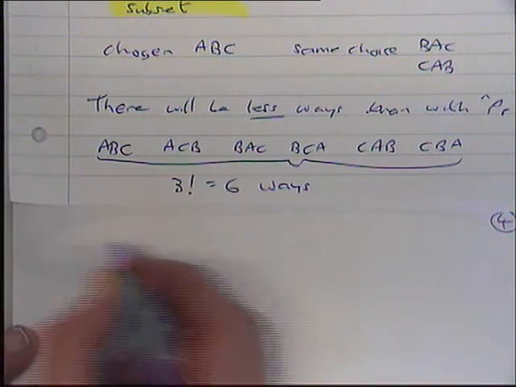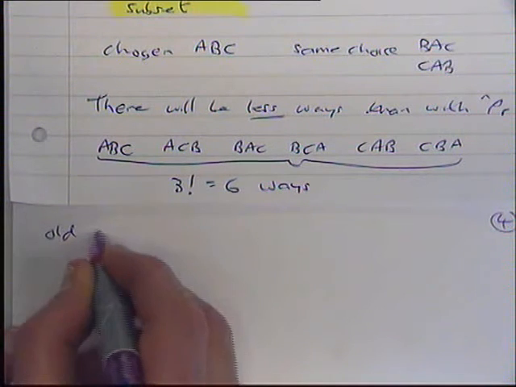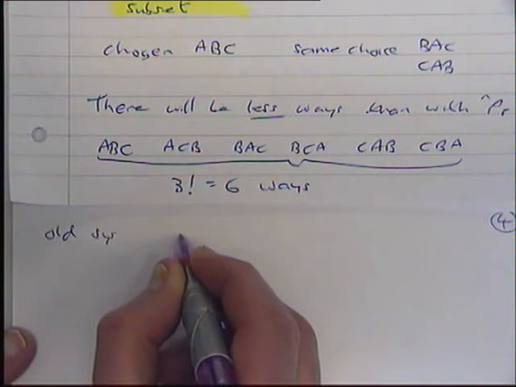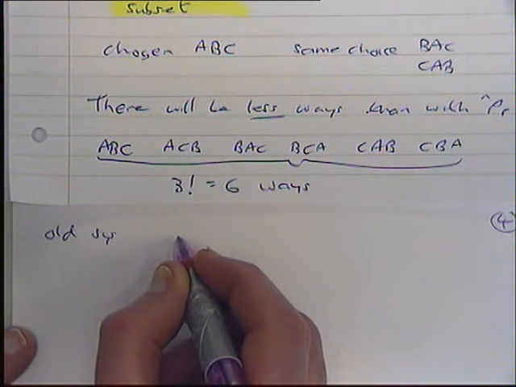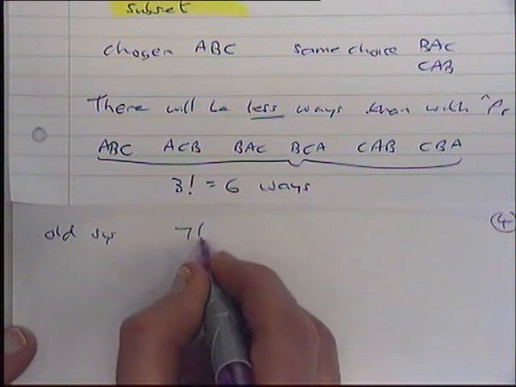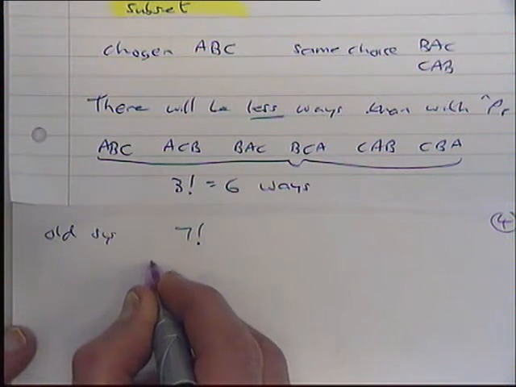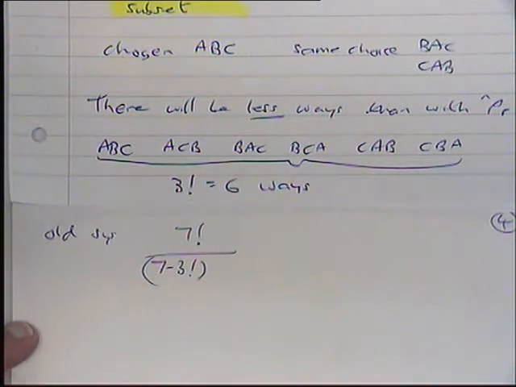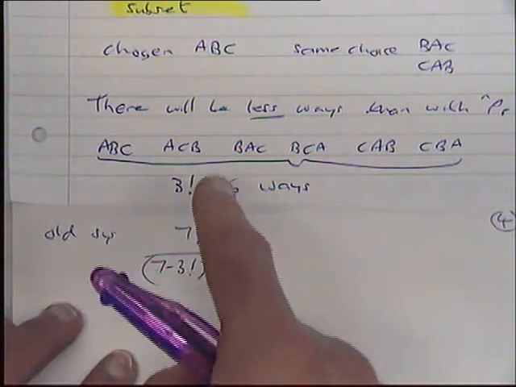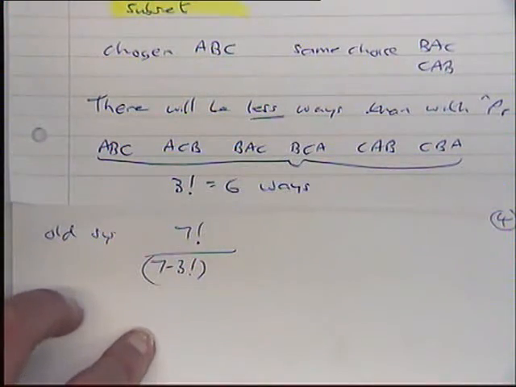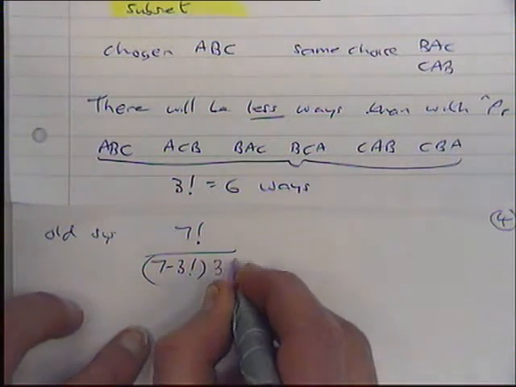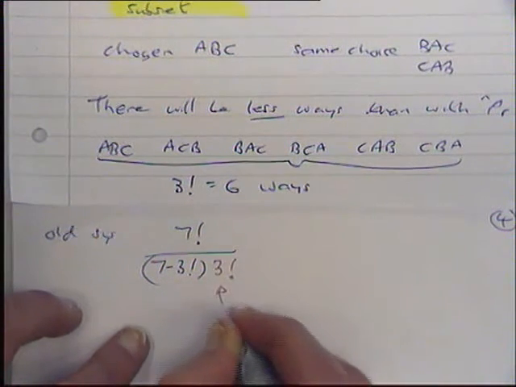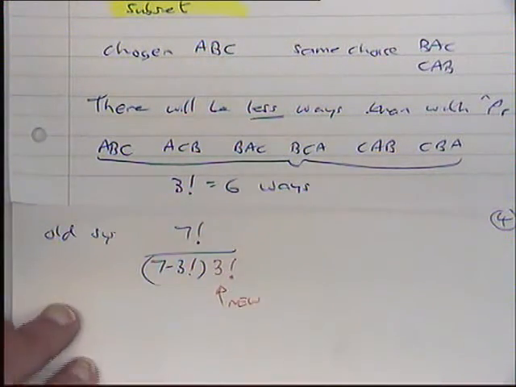So if we had used the old system of permutations, we would have said, how many people are there altogether? 7. Previously, we would have said 7 and then 7 take away 3. But what we're saying now is because those are all the same, we need to scale down by that. So I need to put 3 factorial in here. So this bit of red here is the new bit.